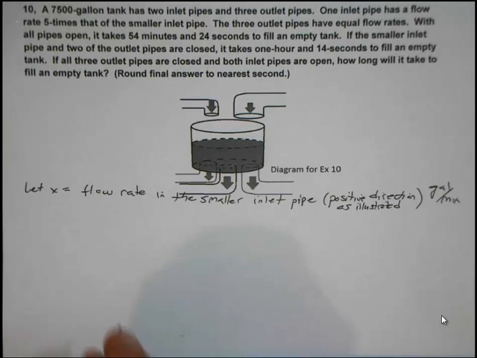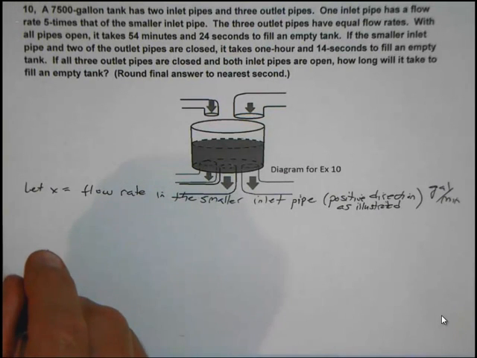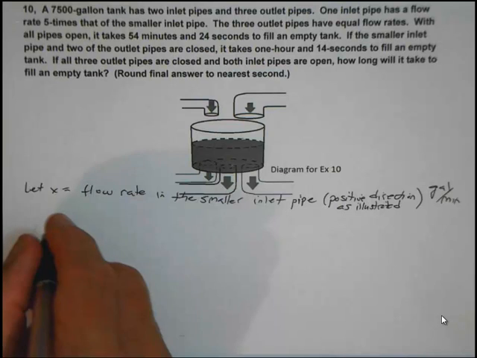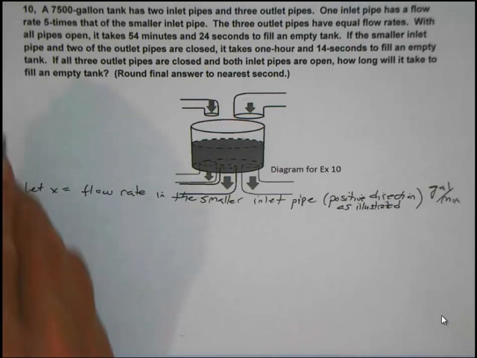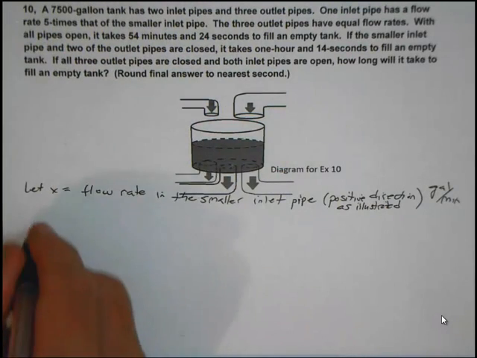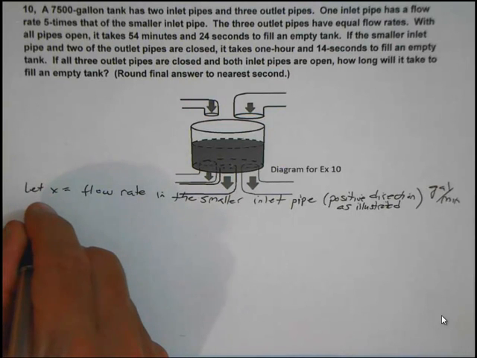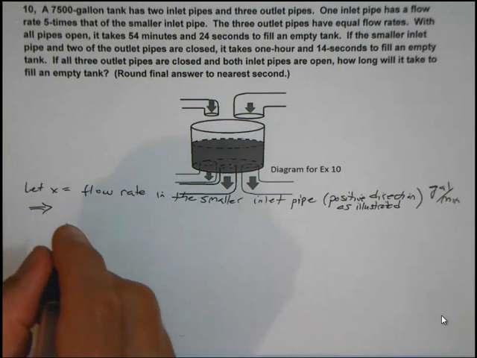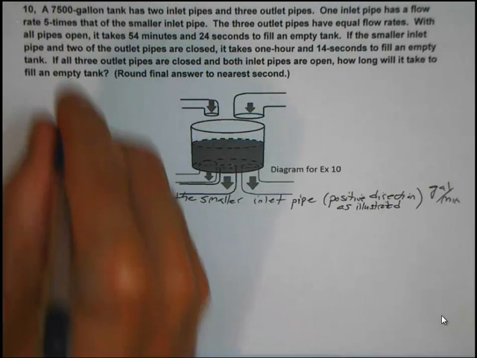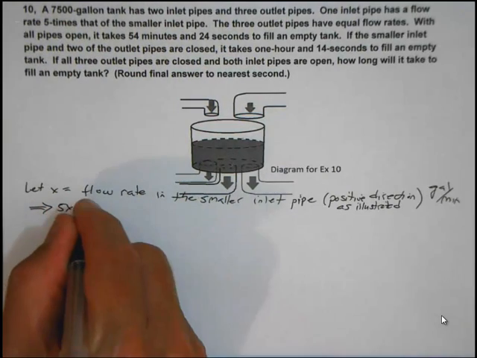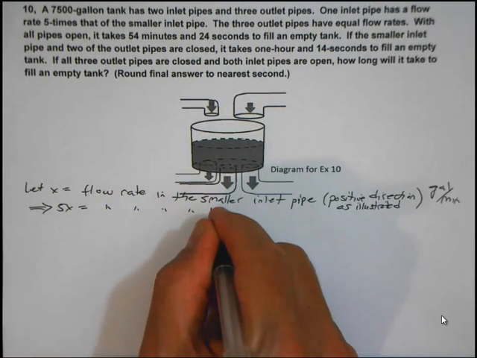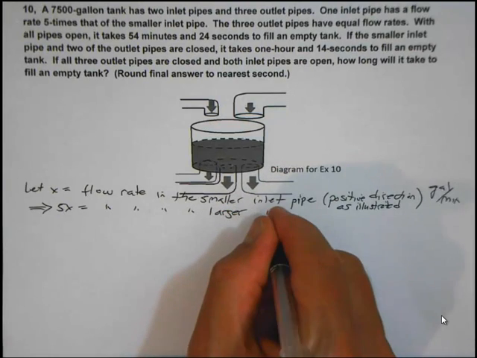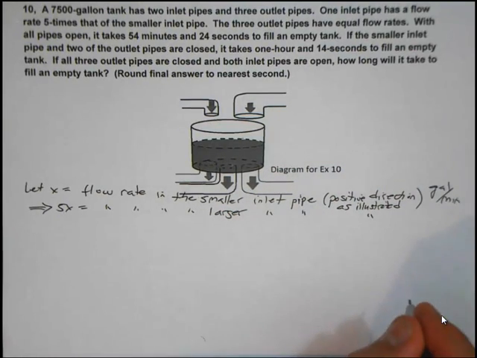Now something actually we can compute in 2 seconds. It's a direct implication, and that's the flow rate in the larger pipe. Since it's 5 times that of the small inlet pipe, this definition simply implies that, because of this information here, 5x will equal the flow rate in the larger inlet pipe, positive direction as illustrated.